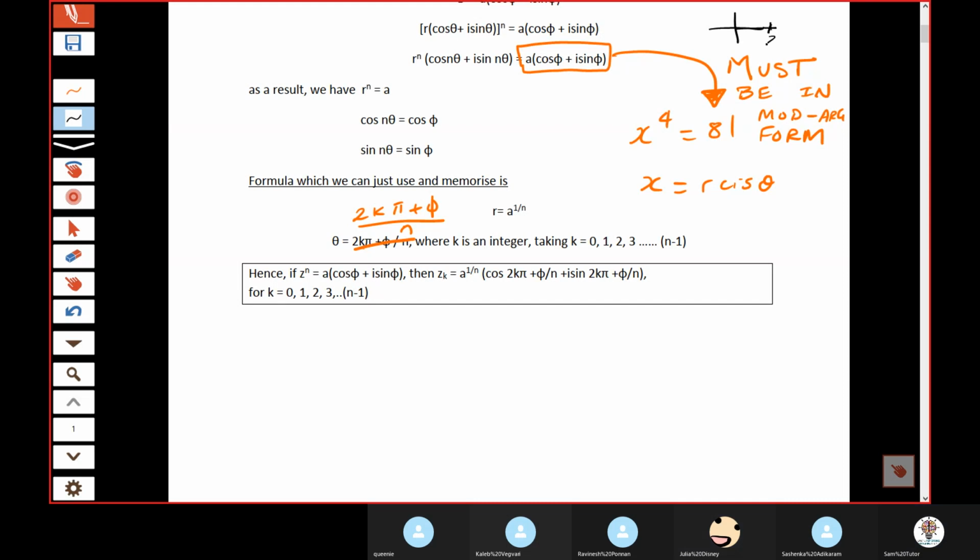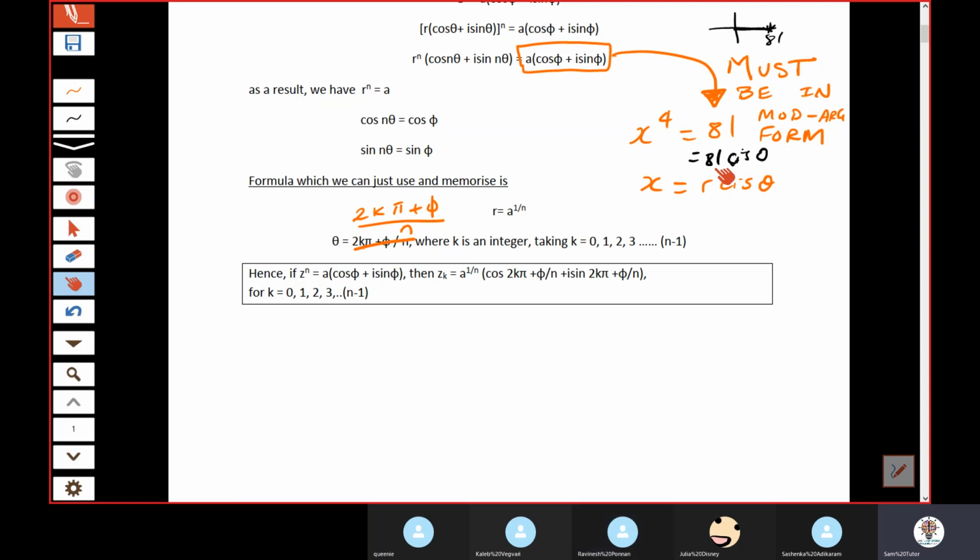What would be the distance of that 81? 81. Still 81. Good job. What would be its argument if it's just there? 0. Yeah. So technically, the first step we're always going to do is write these in this form.